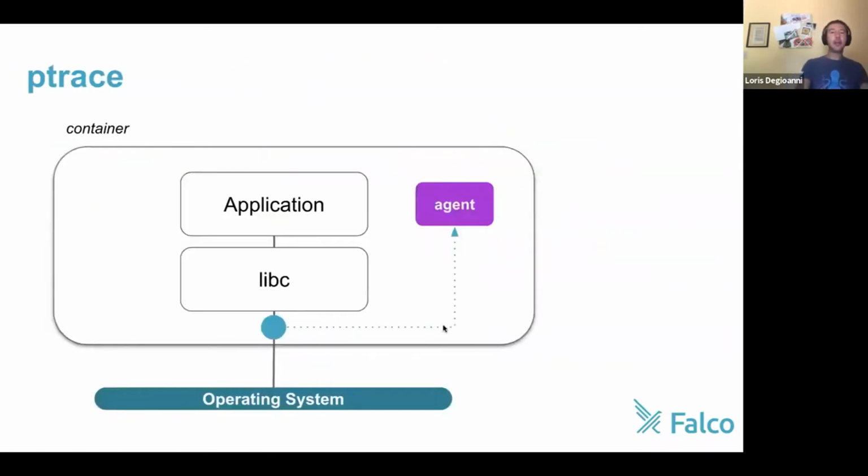So let's look at another way to do this. Another way is by using ptrace. Ptrace is a functionality in the Linux operating system, and it's actually the facility in Linux that is used to create stuff like debuggers. So GDB is essentially a glorified user interface on top of ptrace.